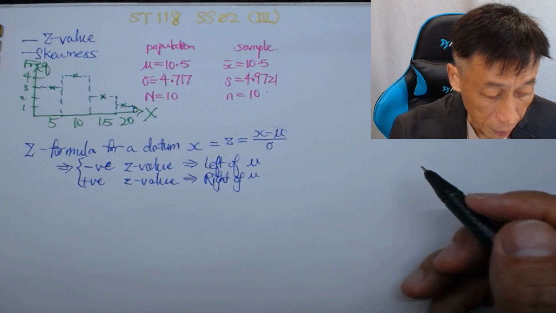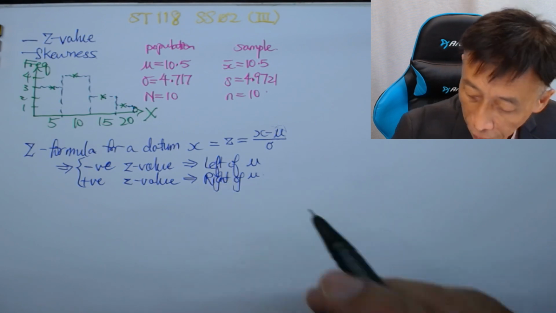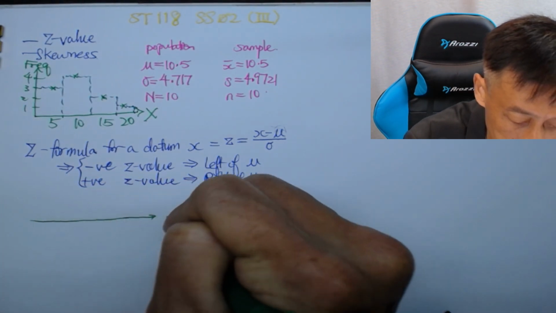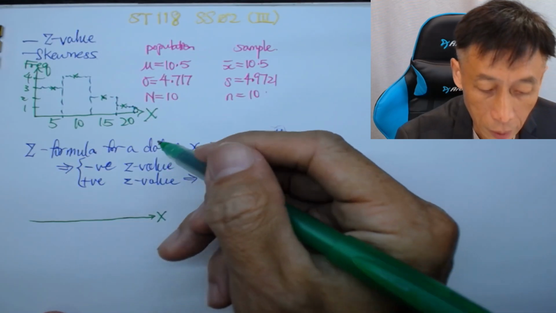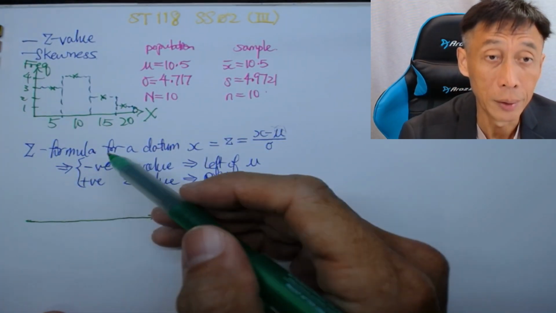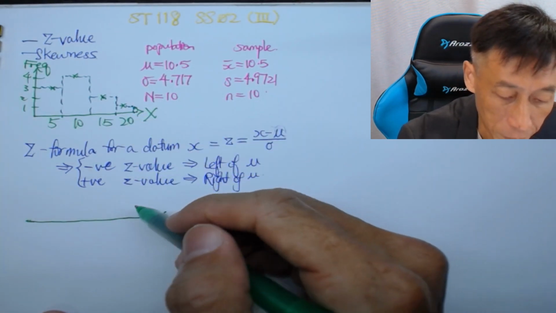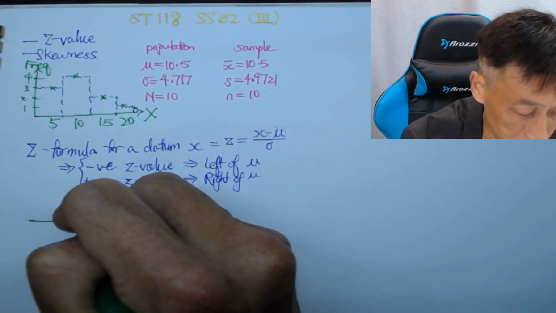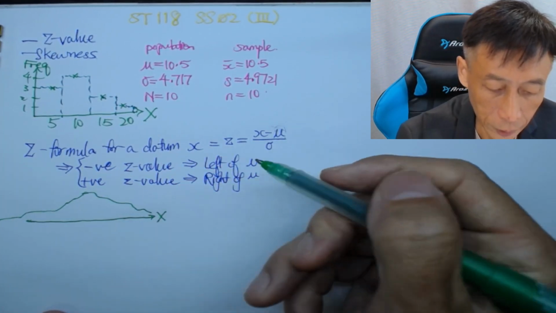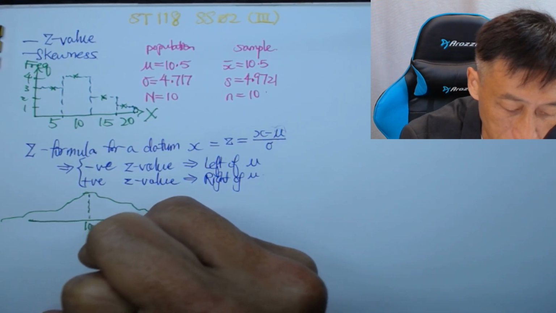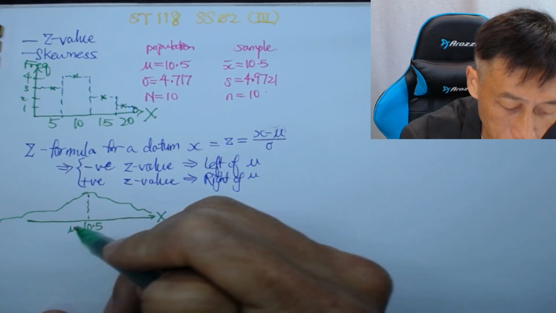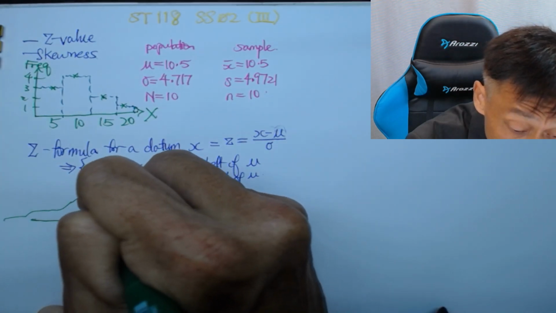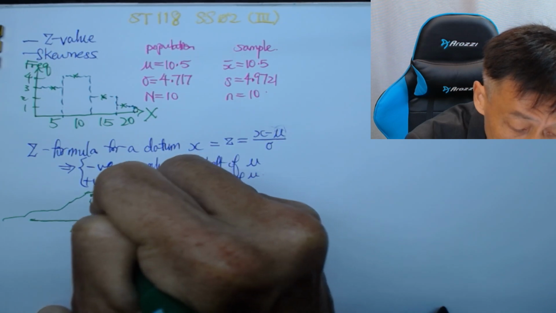And if we have a diagram like this, using the summaries that we have earlier on, and it can be this histogram or some other shapes, such as this, where the population mean is 10.5 and the standard deviation is 4.717.